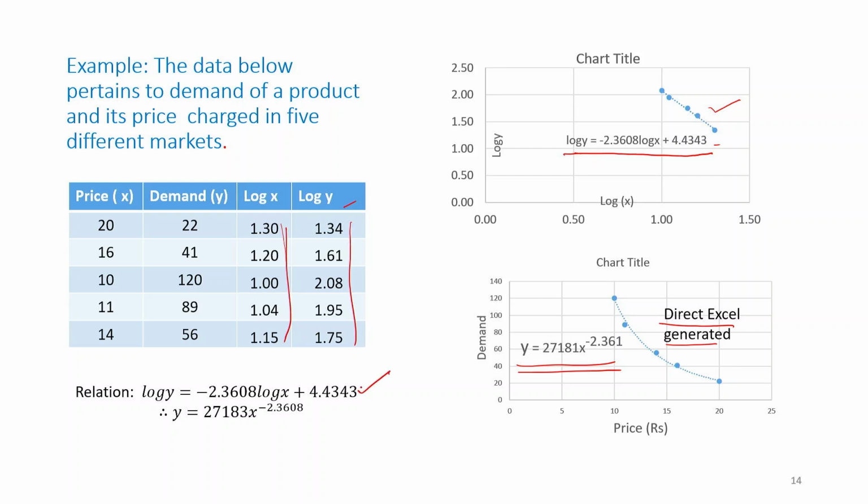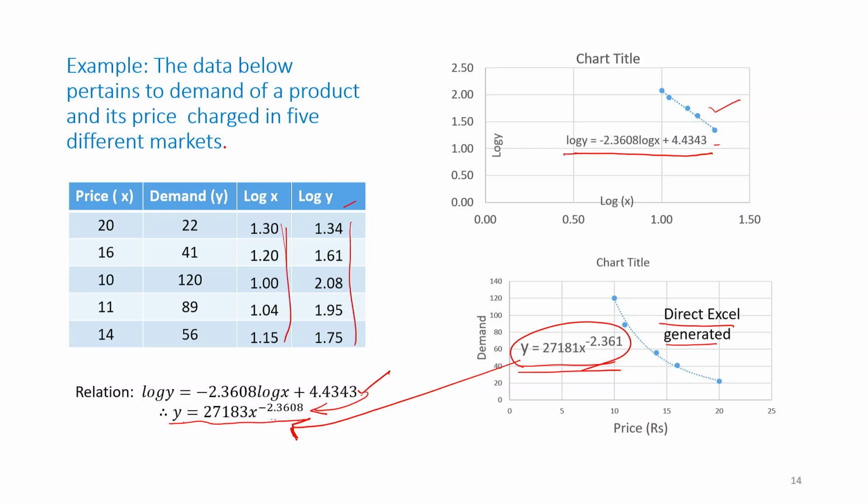So I write it here, and if we transform it back into the original values, we get this equation y equal to 27183 x to the power minus 2.3608. So this is actually coming from here, and these equations are practically the same.